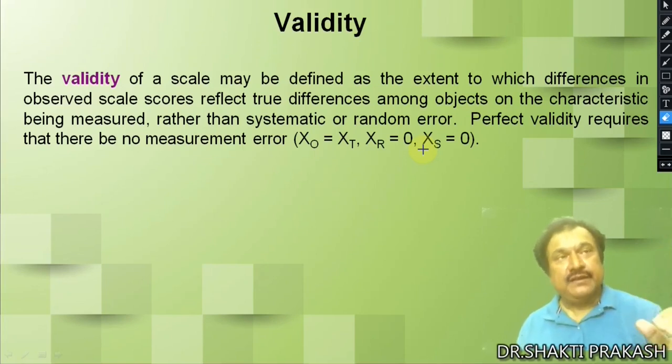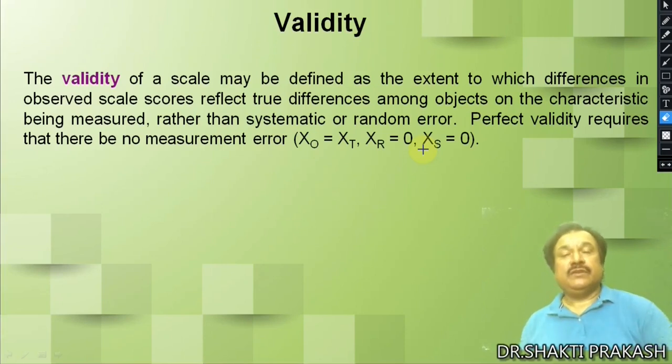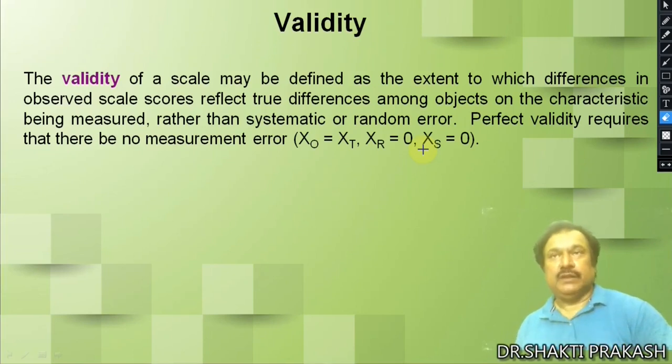This is the main concept about validity. Here, systematic error, random errors or any other noise should not be considered in validity. Any noise means any other variables which impact your research will not be considered. Perfect validity requires that there be no measurement error.